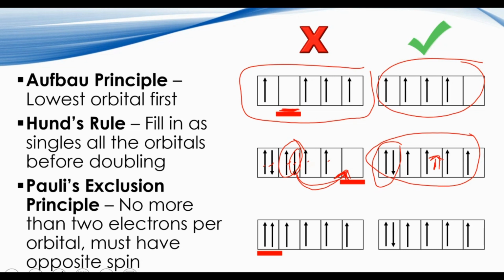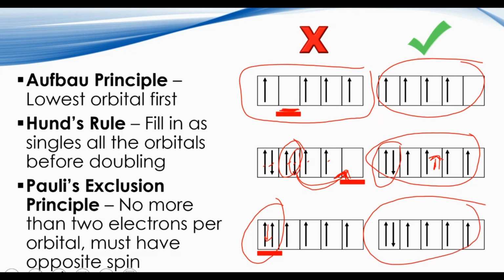So here in this first example, you have the 2 arrows that are pointing up, and that is violating Pauli's exclusion principle. Also, even if you drew one going down, at that point you now have 3 of them, and that again is still violating Pauli's exclusion principle. So the way you would fix that, you would just make sure that the arrows are pointing in opposite directions.